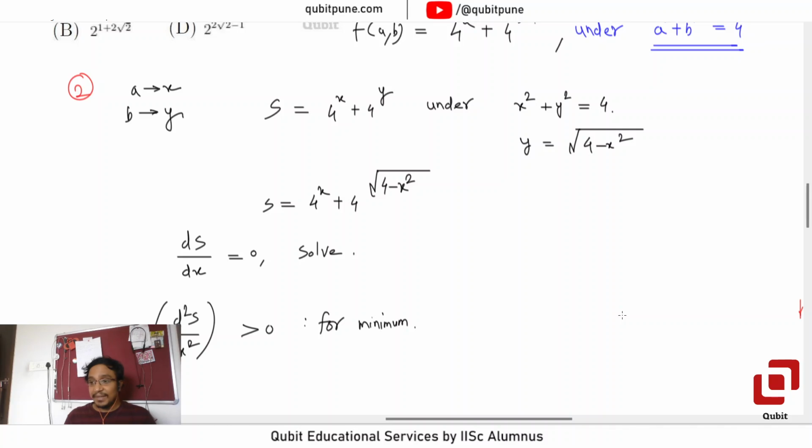We can do that. But you will soon realize the moment you find ds by dx that it is so time consuming and lengthy. The answer will come, but it will take you a lot of time. The main culprit is this function: 4 raised to x is there, and in it there is a root too. So a bit tricky. And the reason why I am telling you this is, if you think an approach is not working in some problem, start thinking of new ways.